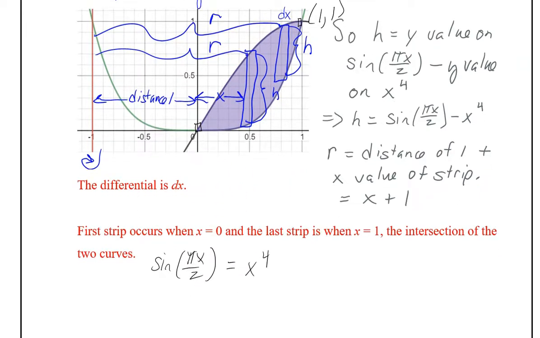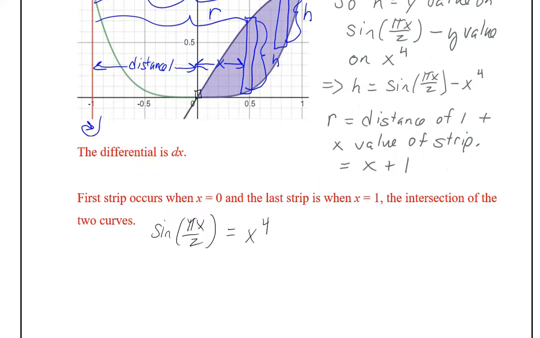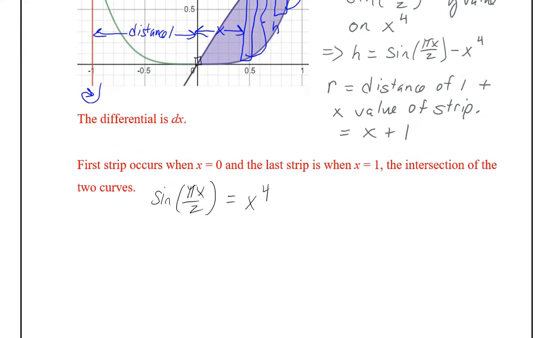Now we're ready to go ahead and set up our integral. Our h value is the difference between the sine function and the x to the 4th, and our r is x plus 1.